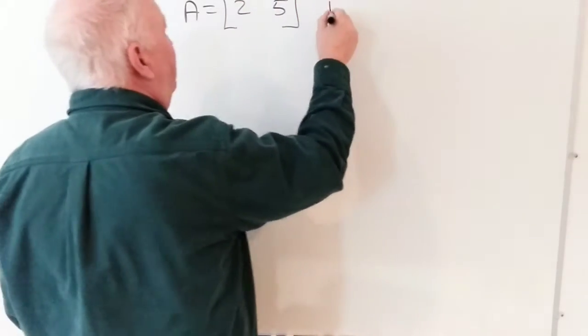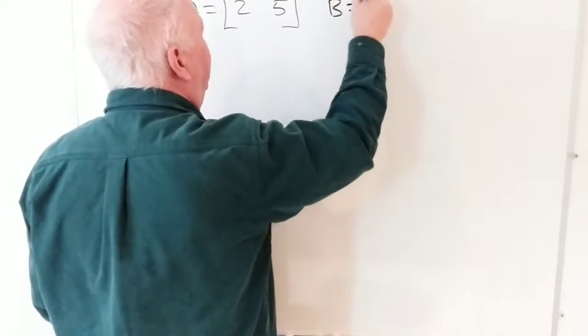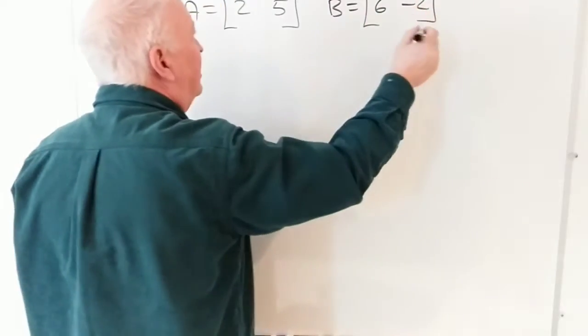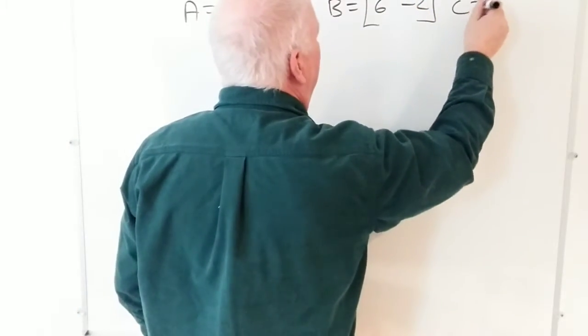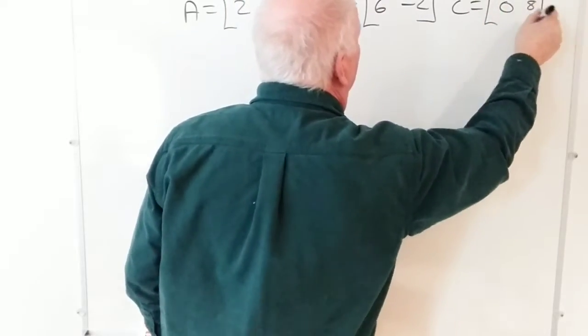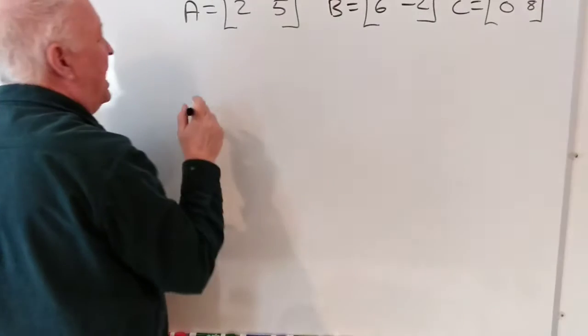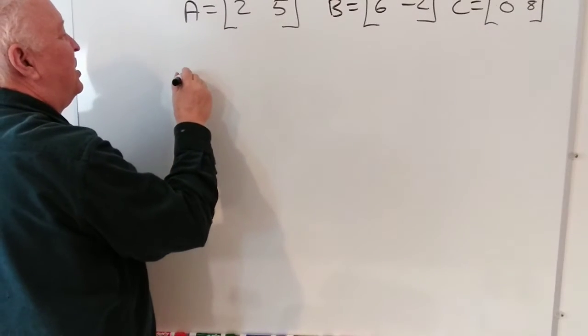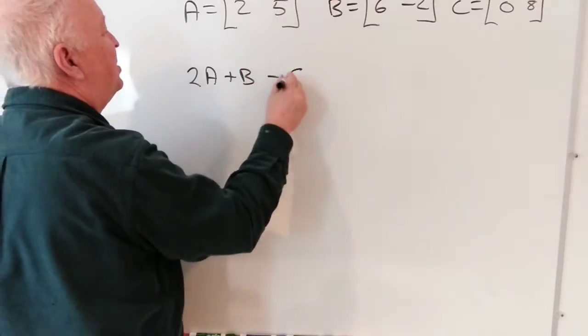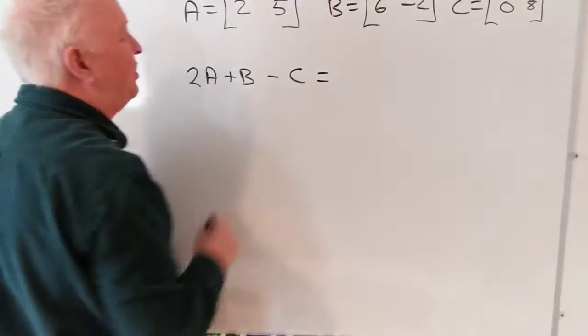We'll have B equal to 6, negative 2. And we'll let C equal 0, 8. Now we can write expressions such as 2A plus B minus C. And what will that equal?